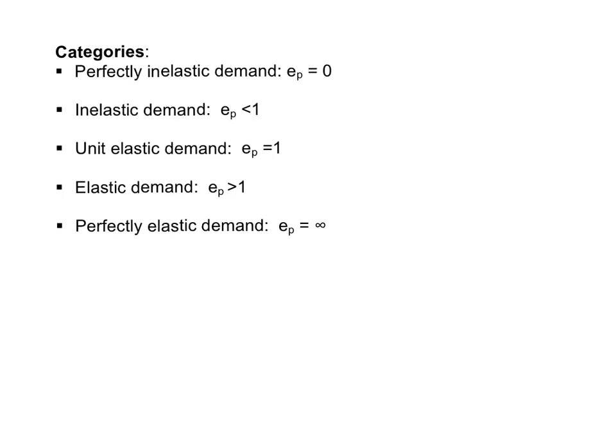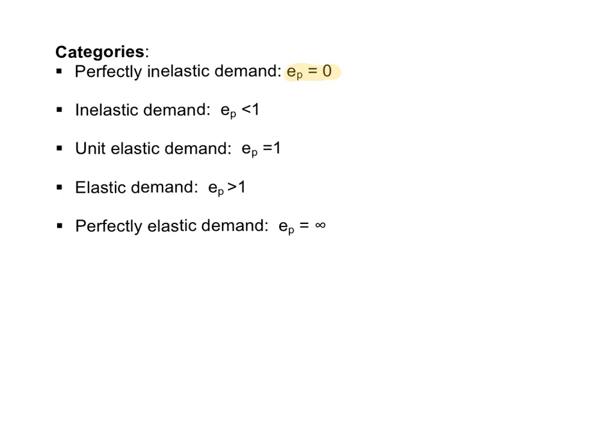Lastly, we take a look at the categories of elasticity. So when the coefficient value is 0, we have perfectly inelastic demand. This means that whatever the change in price is, there is no change in the quantity demanded.